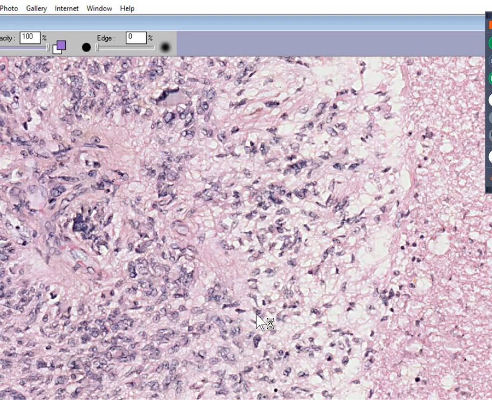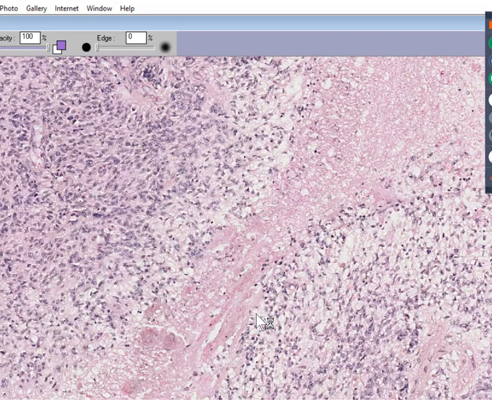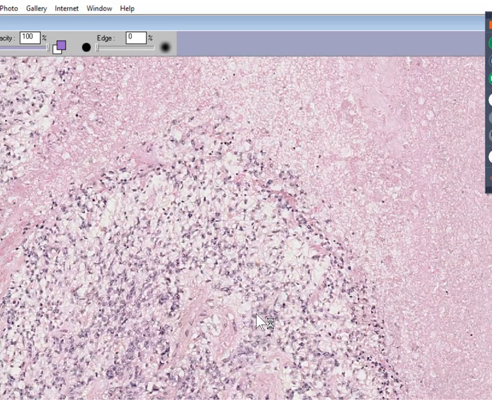And I'm going to give you another adjective which we have used before. The adjective is the word palisading, because at the interface between the necrotic area and the viable area, you can see that the cells are often lined up like little soldiers, in a row, like you see normally with basal cells.